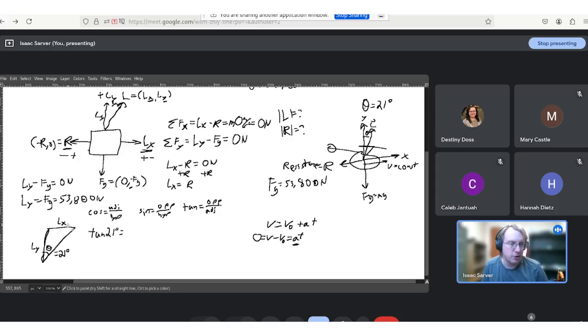Opposite from this angle is Lx, and adjacent is Ly. So now I can solve for that Lx, right?